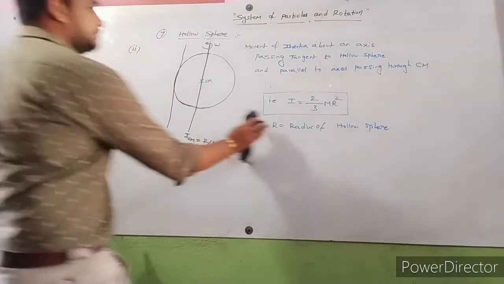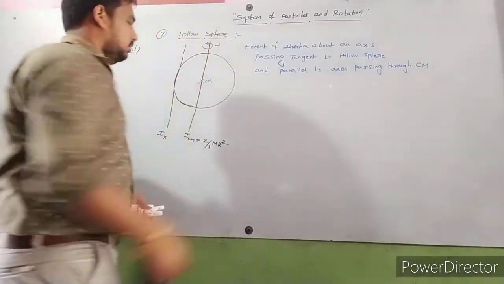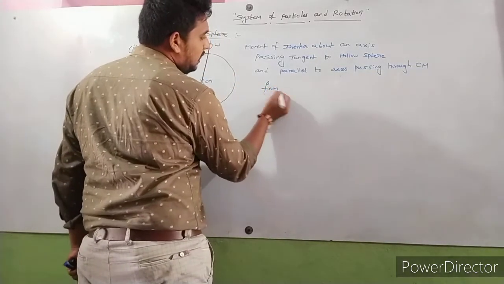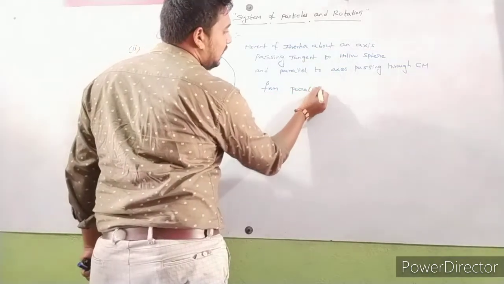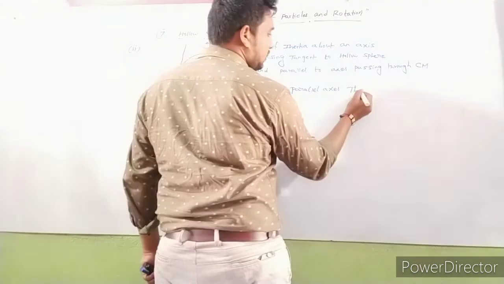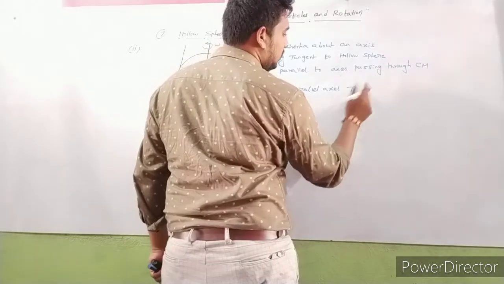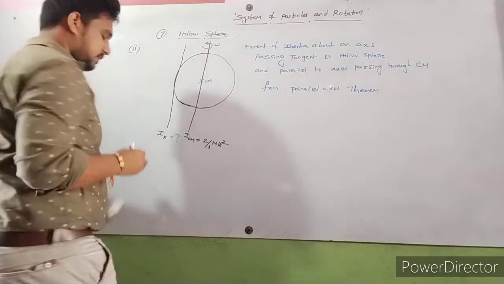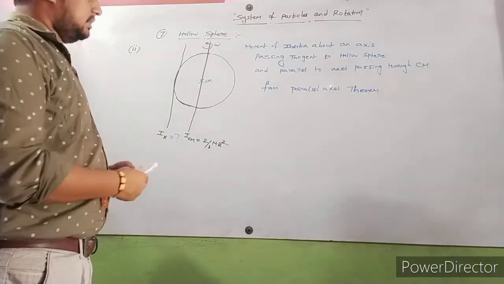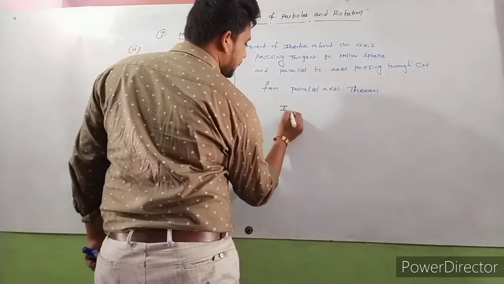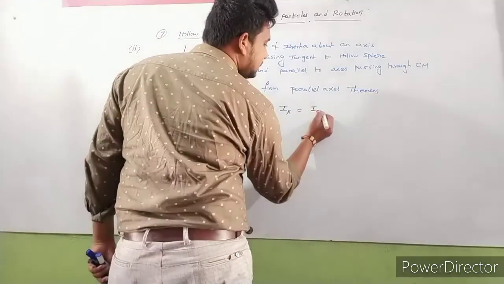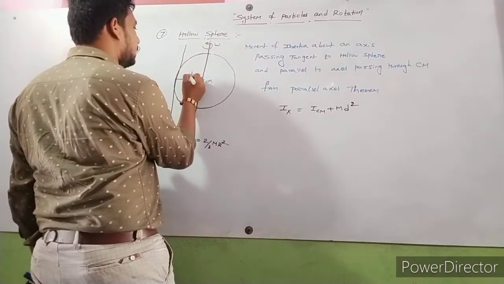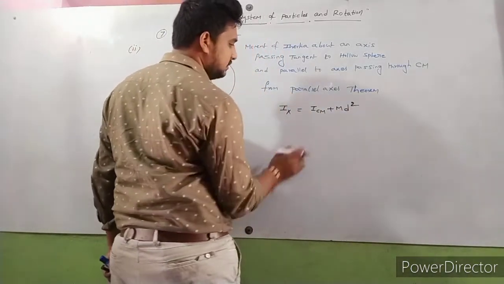For this one, from the parallel axis theorem, we need to find Ix. Ix is equal to ICM plus md square, where d is the distance between the two parallel axes.